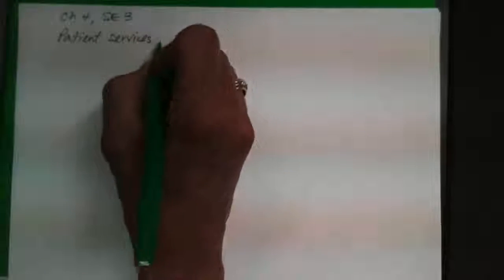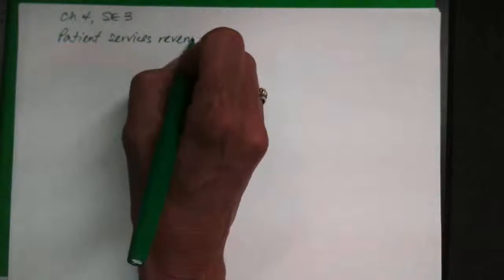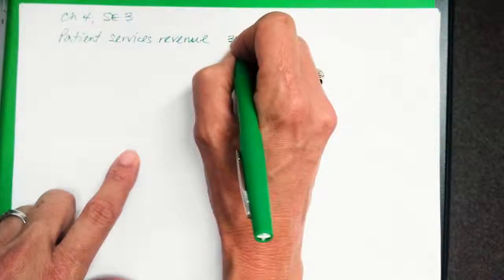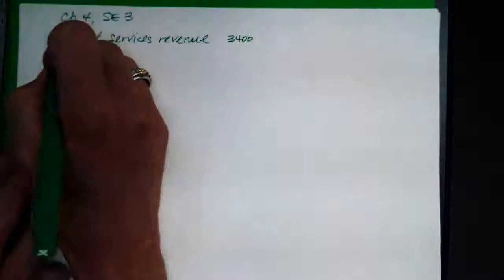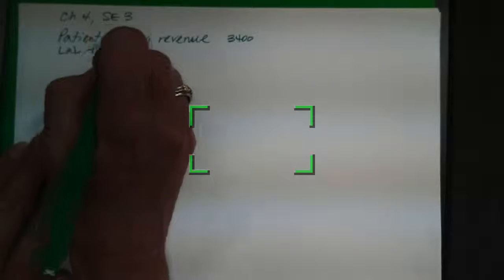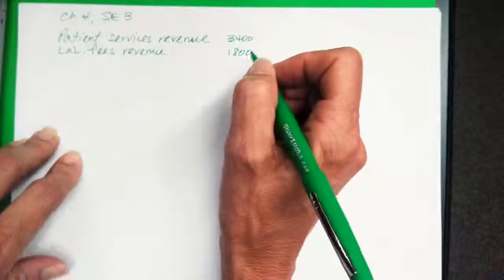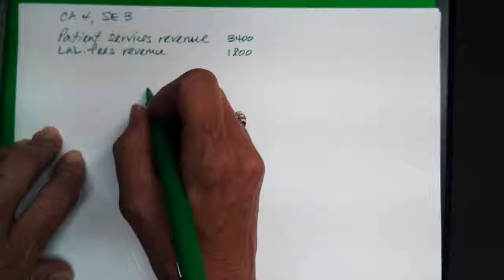I'm going to debit patient services revenue for $3,400. I am going to debit laboratory fees revenue for $1,800. And what am I going to credit? I am going to credit the income summary account.